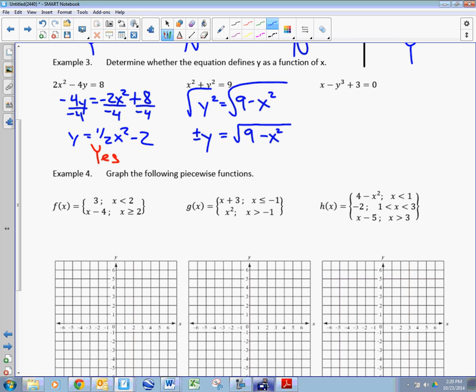So now, if you plug in a value, suppose I plug in 0. What is 9 minus 0 squared? 9, square root of 9, 3, and it says you get a positive 3 and a negative 3. So when I plug in a value of 0, I have 2 different outputs. So you can see this says 2, this says 1. So this is not a function.